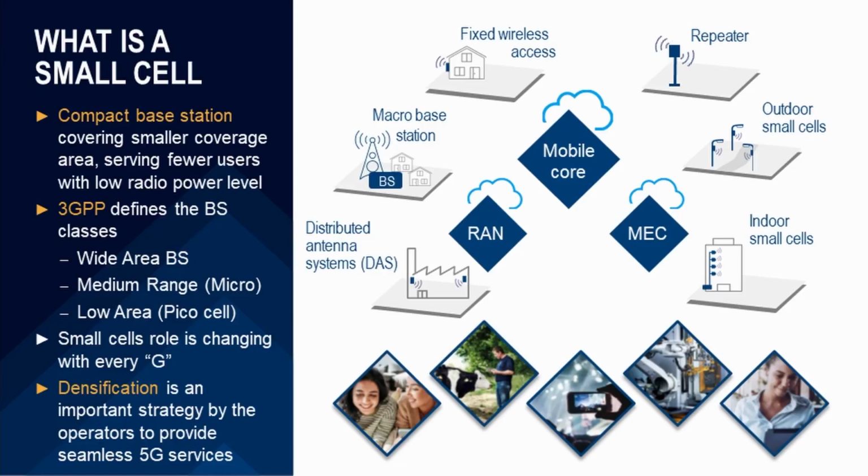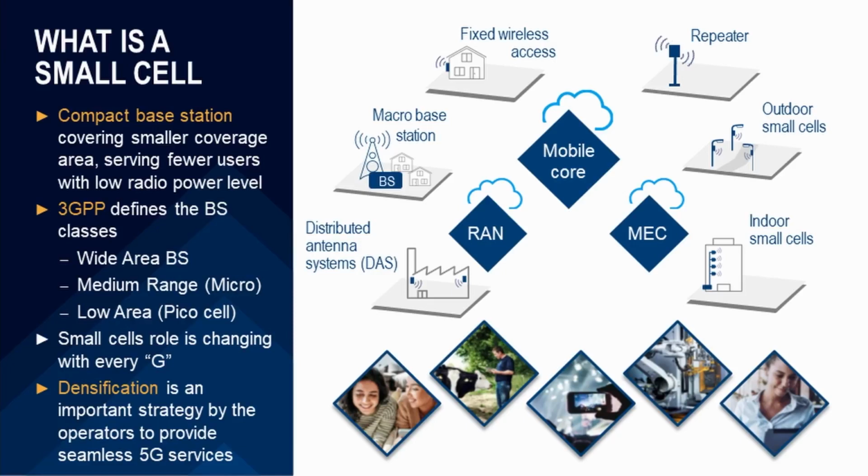And 3GPP defines the base station classes, and of them the three: wide area base stations, medium range base station which is a micro cell, and the low area base station which is a pico cell. And here the low area and the mid range or medium range base stations come under the small cell umbrella.